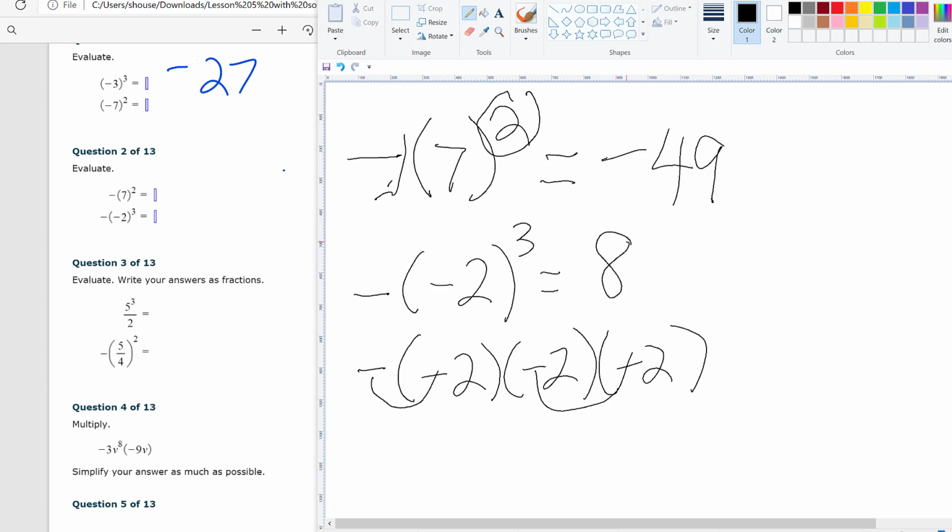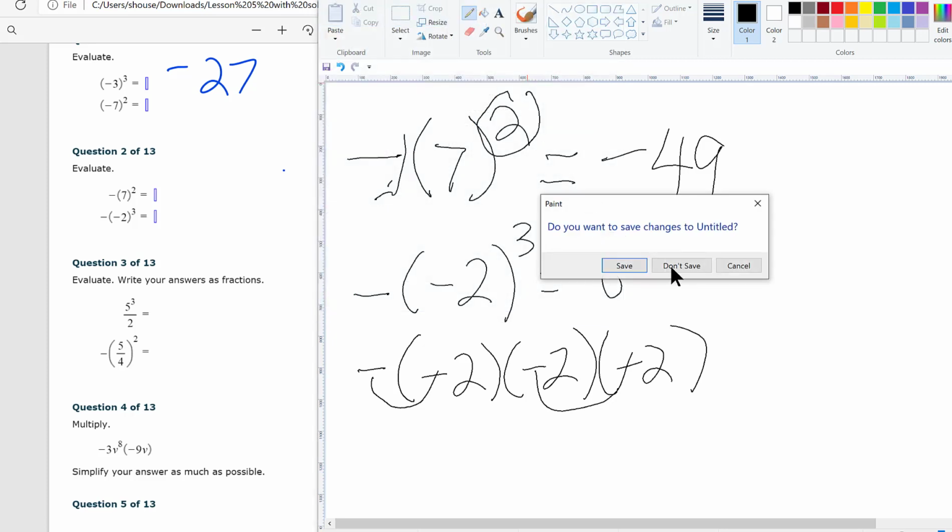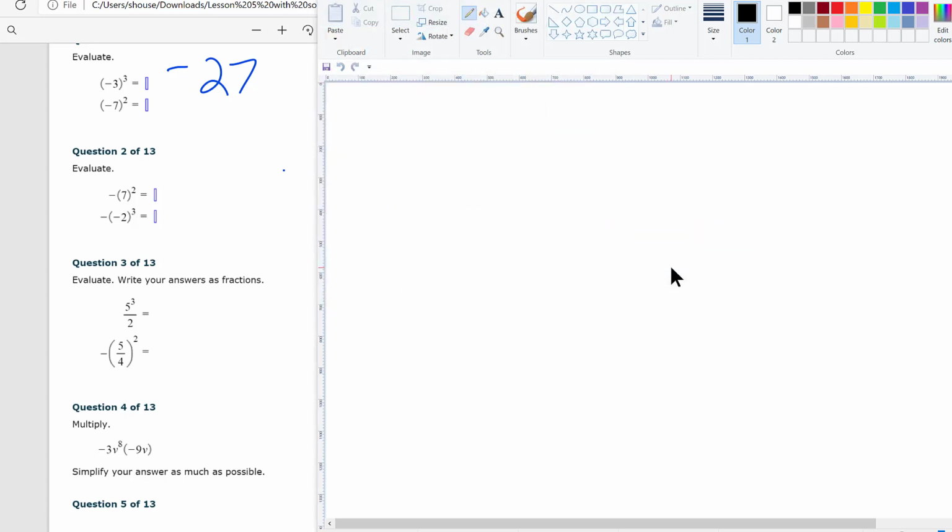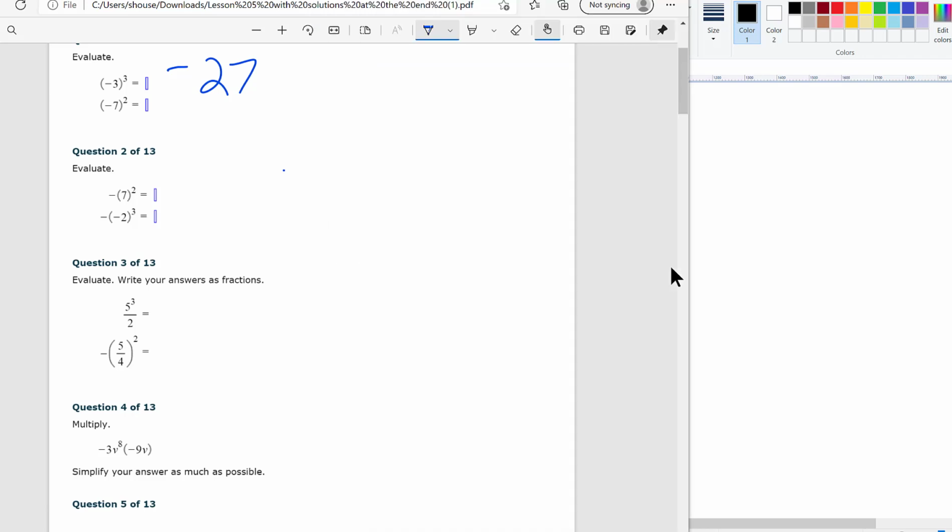So make sure you're very careful when you evaluate these. So let's see, we had -49 and +8, and then this one up here was +49.